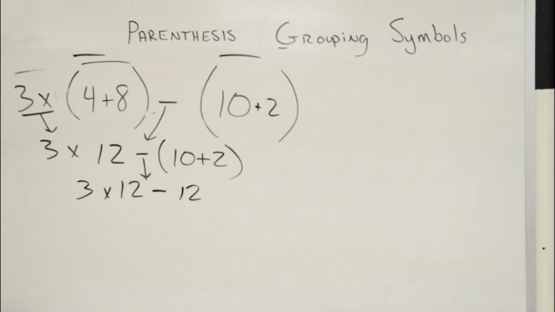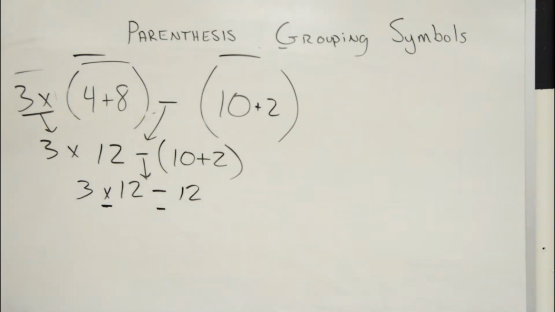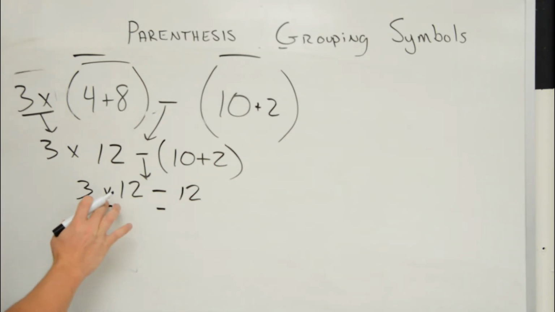Now we don't have any more grouping symbols. Now we don't have any exponents. So what we're left with is a multiplication sign and a subtraction sign. In order of operations, GEMDAS. The multiplication and division goes before addition and subtraction. Even if this multiplication sign was here, the multiplication would go first.